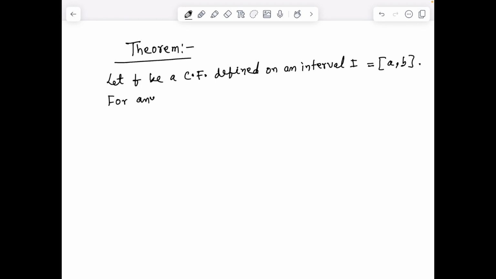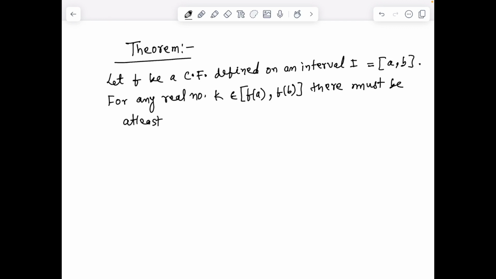Then for any real number k, which belongs to f(a) and f(b), there must be at least one value of c belonging to the interval I such that f(c) equals k.